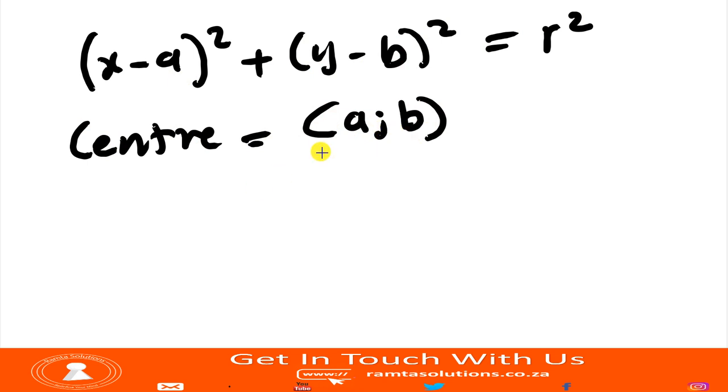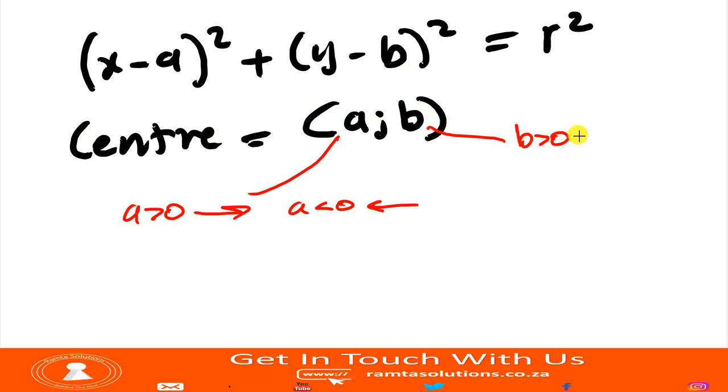Remember, when a is positive, this shifts right. When a is negative, this shifts left. With regard to b, when b is positive, it shifts up. When b is negative, it shifts down.